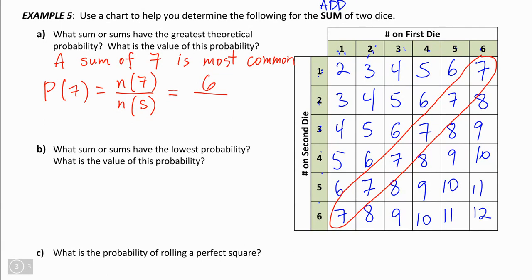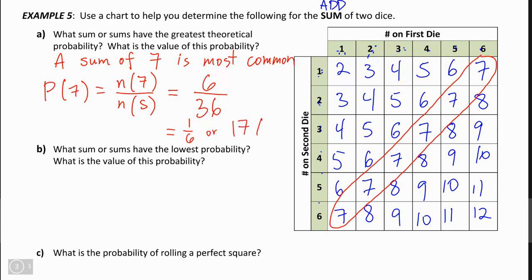All you have to do is count all the squares in my table. It's a 6 by 6 grid, so 6 times 6 is 36. So there's 36 possible outcomes. If I reduce this fraction, it's just 1 over 6. Or as a percentage, in my calculator, I can do 1 divided by 6, multiply by 100, and I'll get 17%.